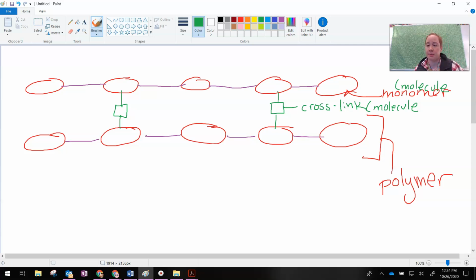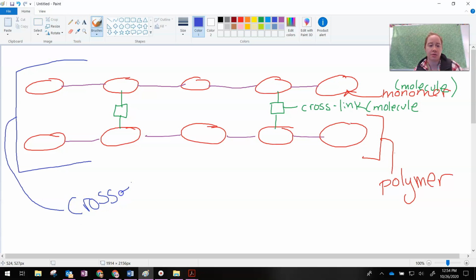But then I can label this entire thing right here. This entire thing right here is the cross-linked polymer.